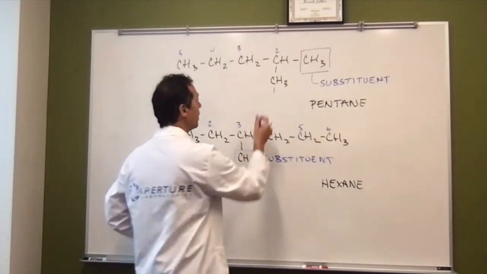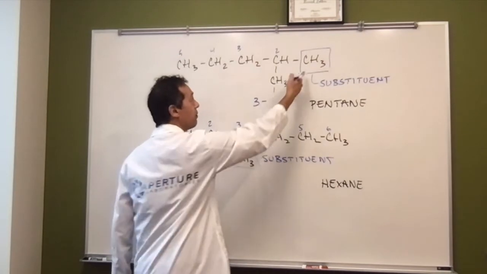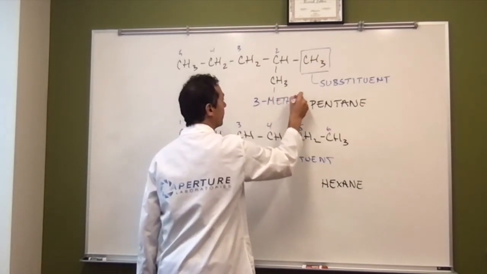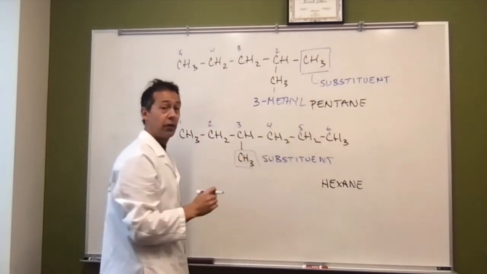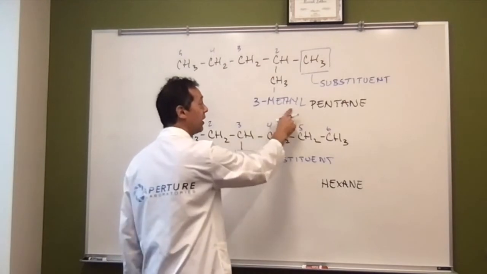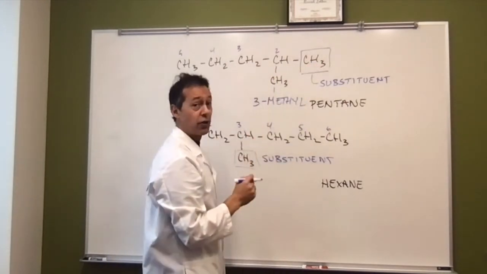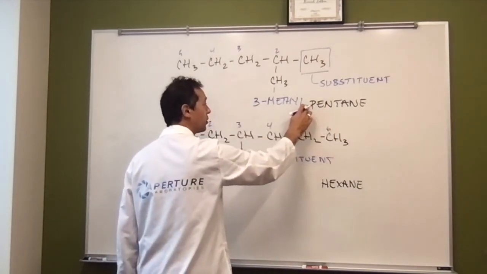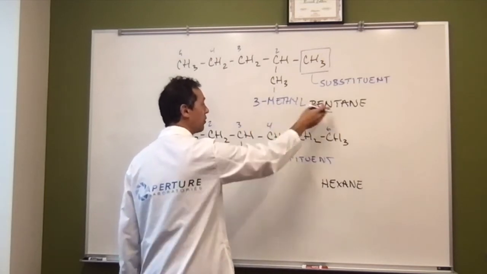So we would say that this is 3-methyl pentane. It's not methane because this single carbon atom is attached to a larger molecule. So it becomes 3-methyl pentane. And there's no dash here. There's no comma. It's just 3-methyl pentane.